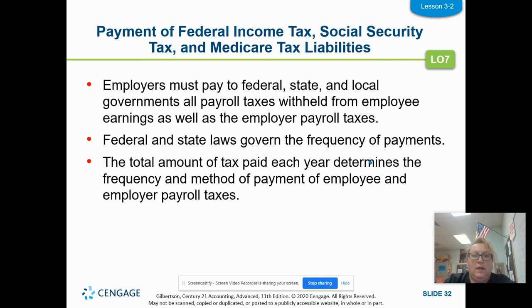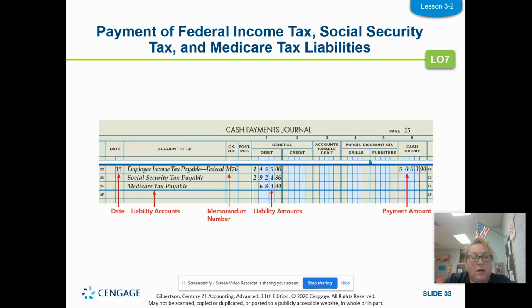I think for the most part, you guys can see those in there. So this is the paying of those taxes we set aside. We've got our employee income tax payable. Federal, this is generally both the employee portion and our portion. Social Security tax, this is the employee portion, and then this is both the employee and our portion.